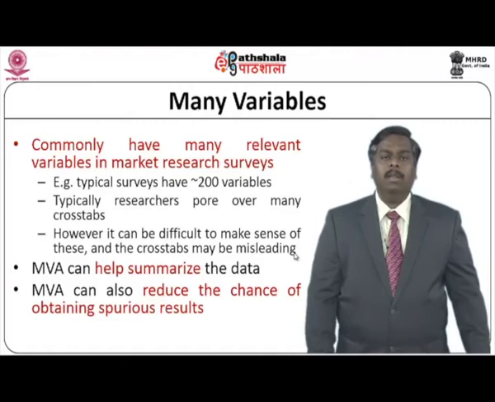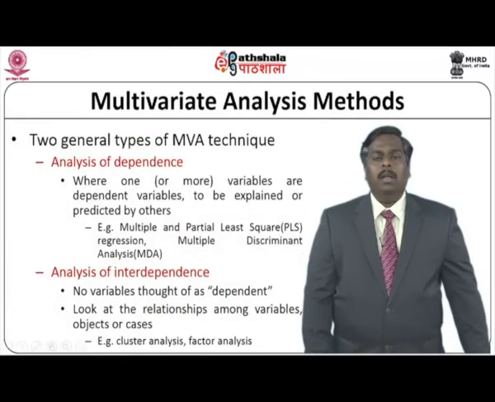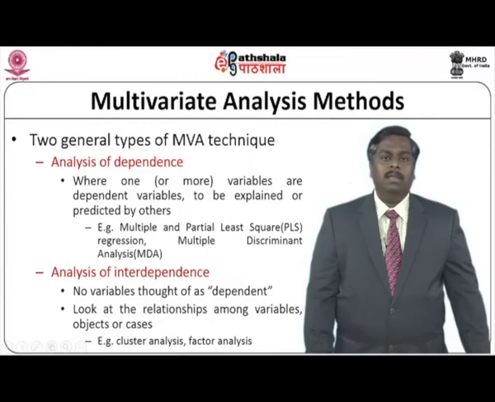Multivariate analysis, shortly called MVA, can help summarize the data and it also helps in reducing the chance of obtaining spurious results. There are two types of multivariate analysis techniques. One is analysis of dependence, and the other is analysis of interdependence.